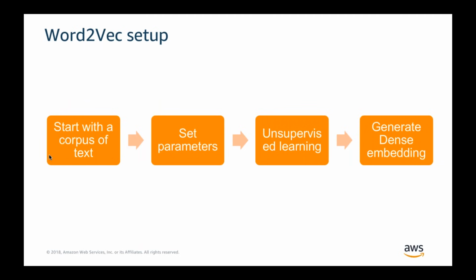By the way, word2vec is easily applicable across languages. It's not limited to just the English language, except for languages that have a large number of words, like Chinese. This is easily applicable to most languages. So you set the parameters for the dimensions, and then you have an unsupervised learning problem set up.